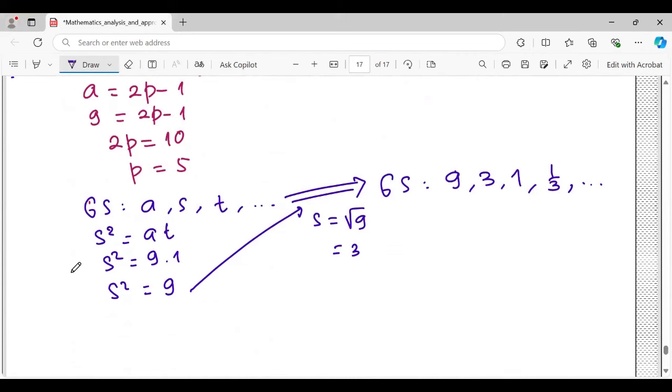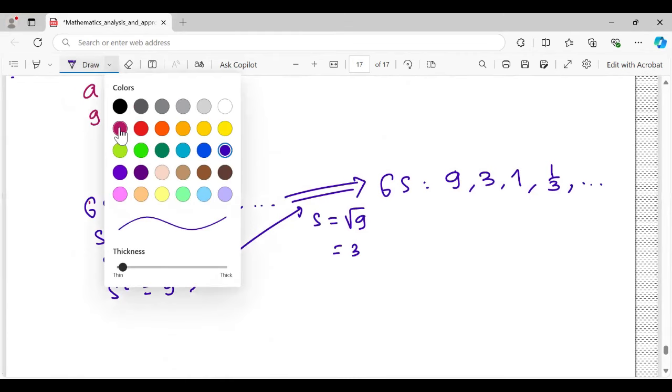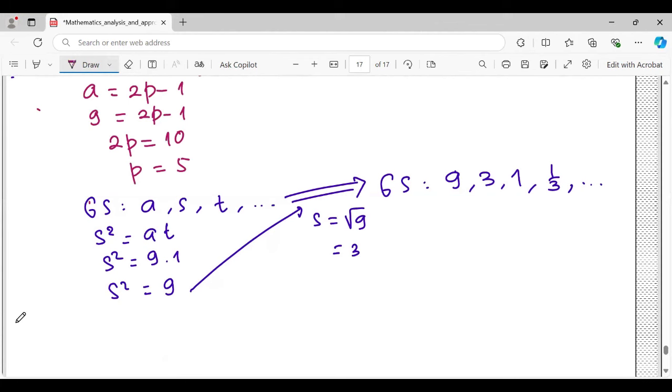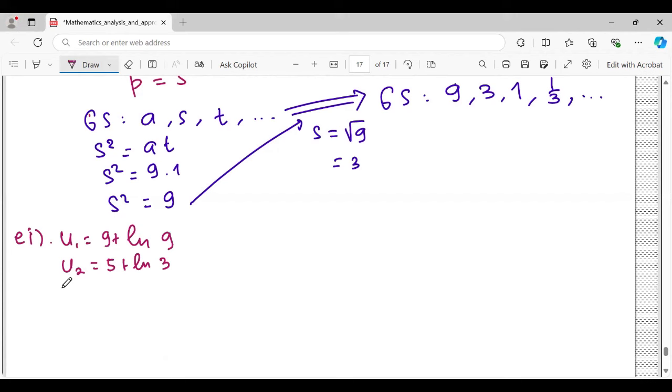So, part 1. First U equals 9 plus ln 9. Second U is 5 plus ln 3. And the third U is 1 plus ln 1.